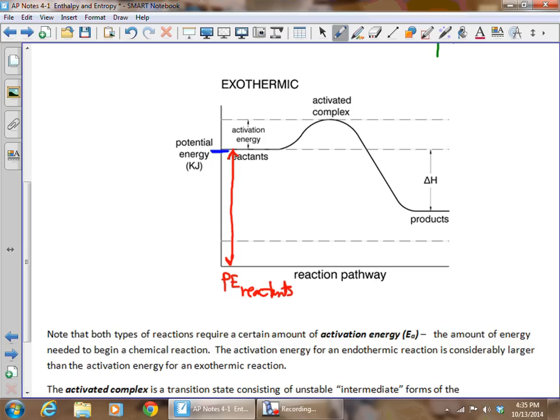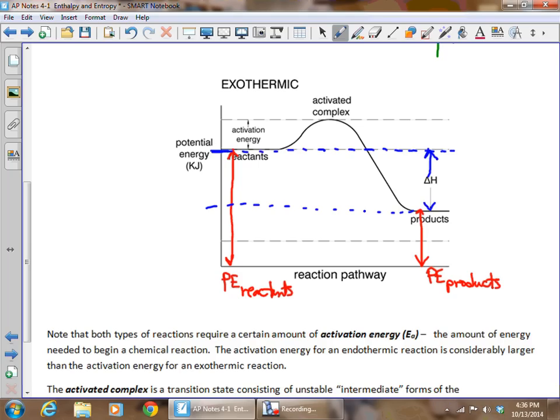And our line from 0 up to here is going to represent the potential energy of our products. And again, that distance from where the reactants start and where the products end, that's our heat of reaction.